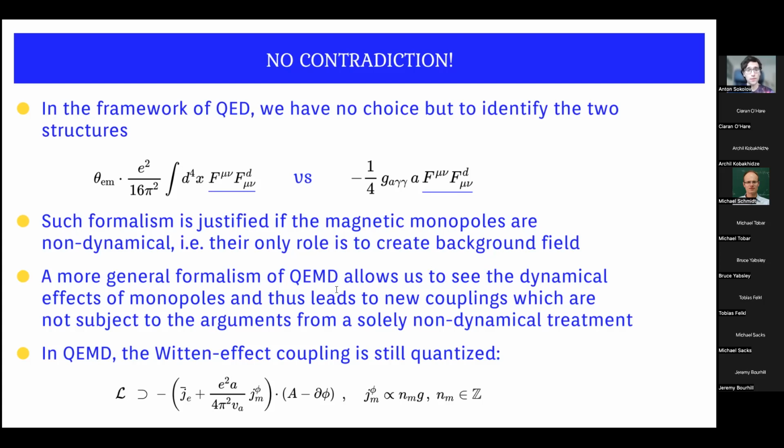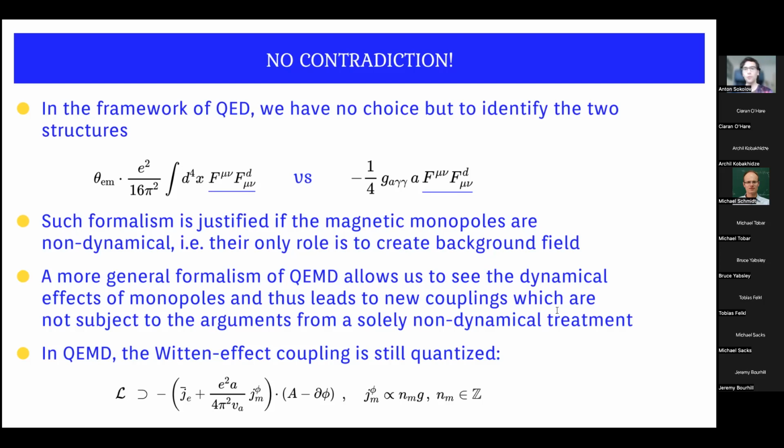Yeah, and in the more general formalism which we use, say the Zwanziger formalism or any formalism where magnetic monopoles can be treated as quantum fields, we can see that there is a coupling which corresponds to the Witten effect, which I discussed and which is written here.